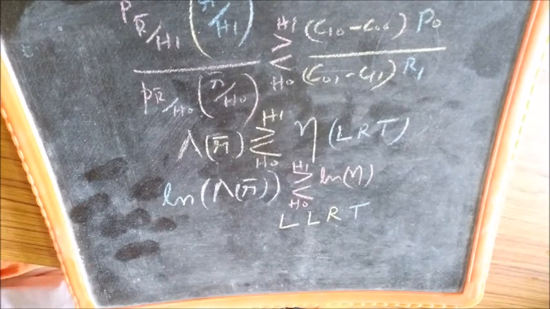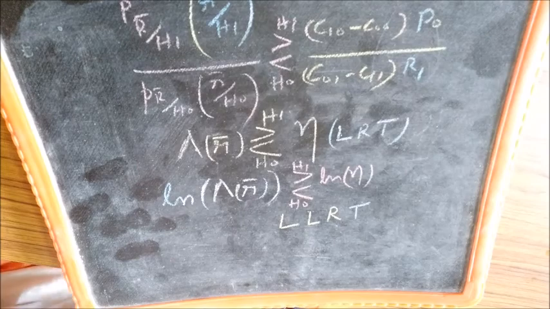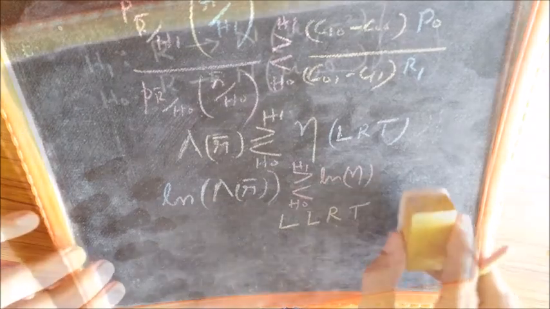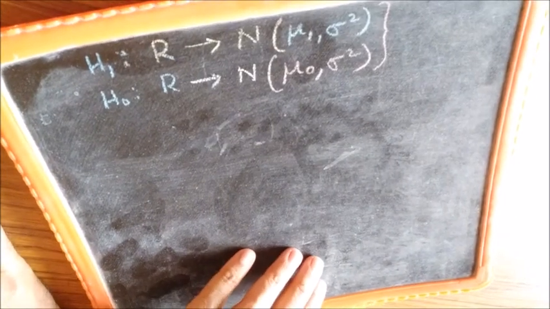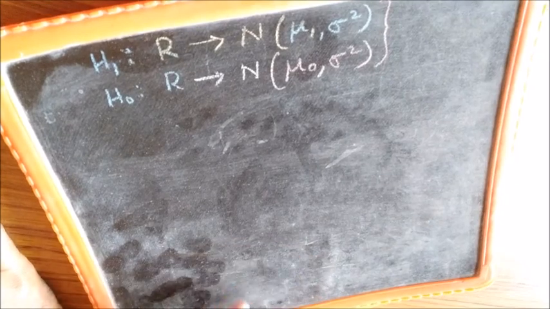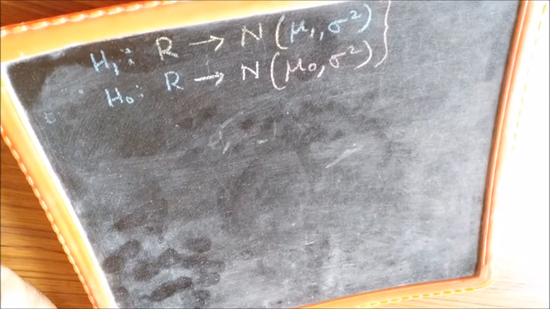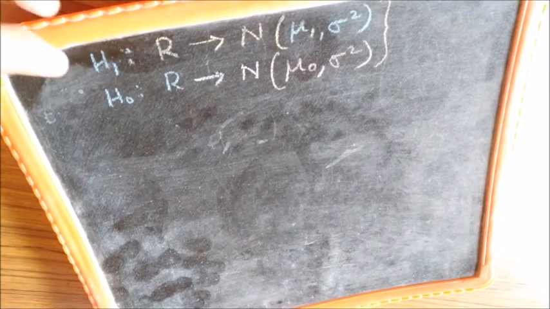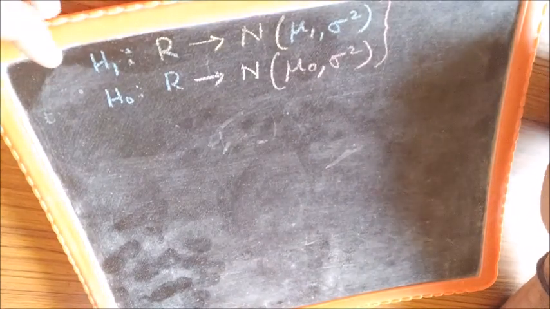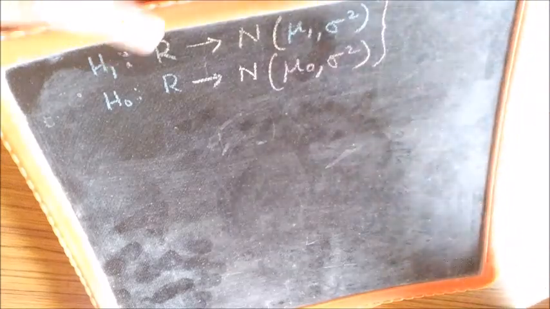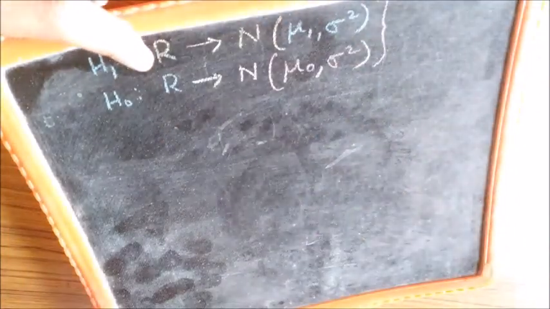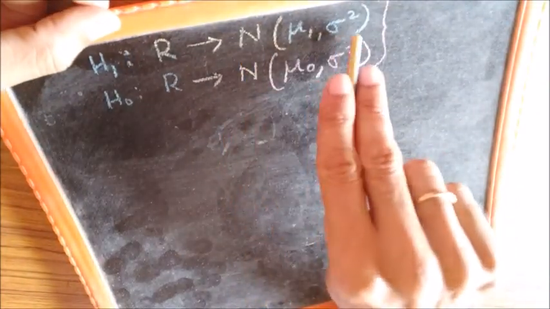So with this additional information as compared to where we ended in the previous video, we will take our first example. This is a binary hypothesis testing problem, and the data that we have is that when H1 is the true hypothesis, what we receive is a random variable R, which is Gaussian distributed.